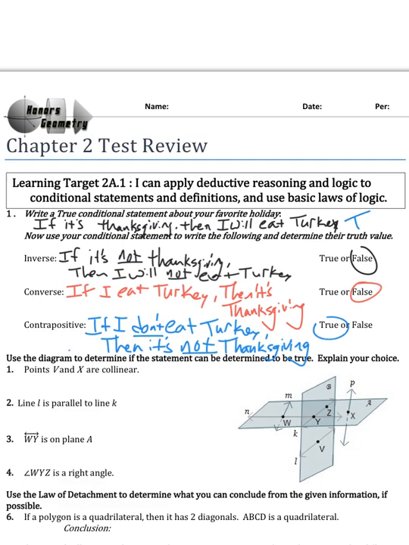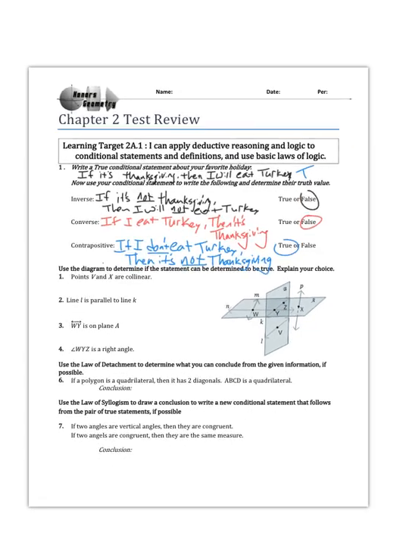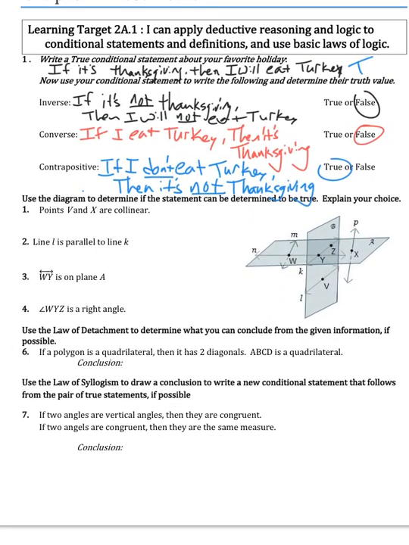Okay. All right. So that brings us to some statements here, some definitions and some statements about some drawings. So here we have a diagram, and we want to decide if these things are true, if we can determine them to be true, if they have to be true. So let's look.